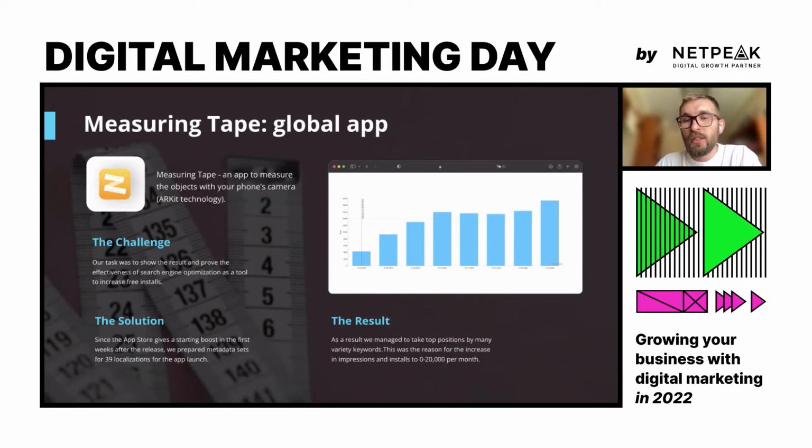And in several months, we got an increase of installations from 0 to 20,000 installations per month, which is a really good result because this is an application with not a high search volume, search popularity. So we got results in a lot of countries and we got a really incredible increase of installations.